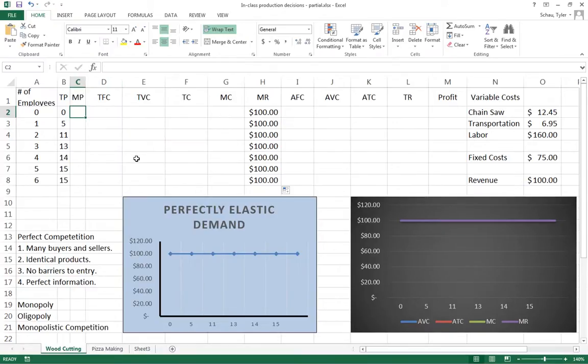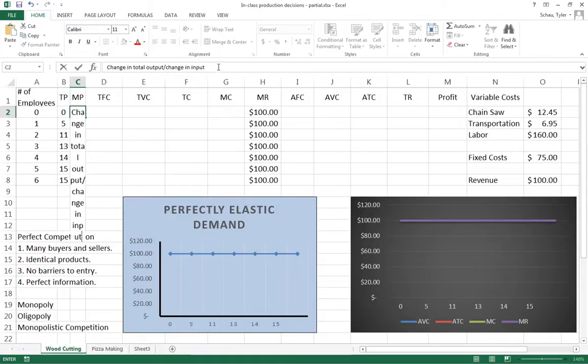When we calculate marginal product, we're looking at the change in total output divided by the change in input.